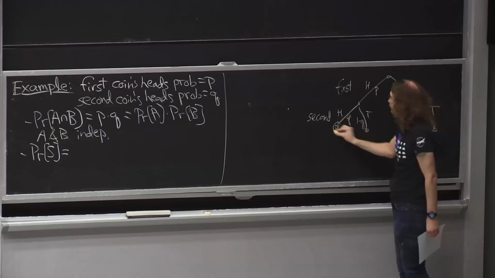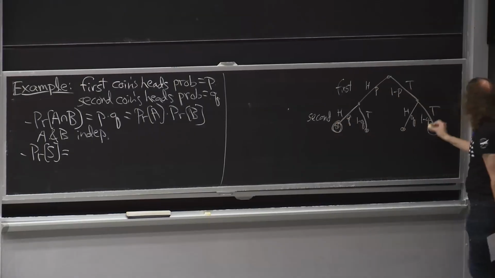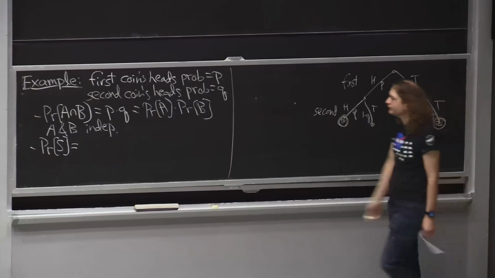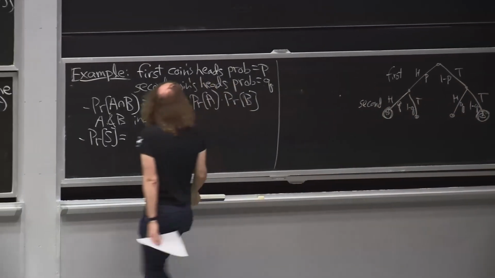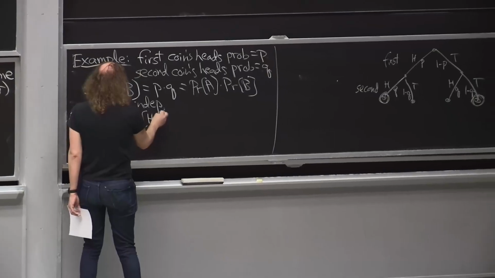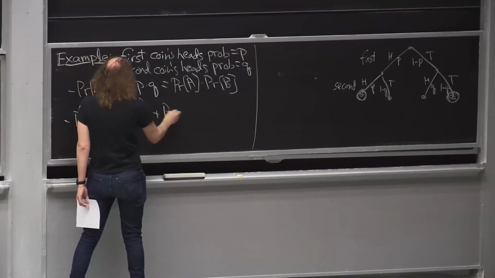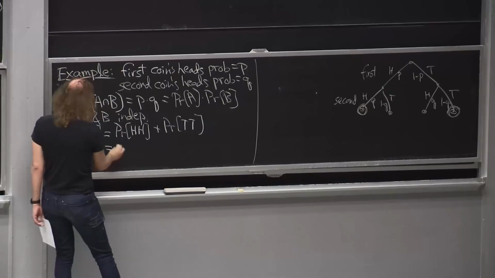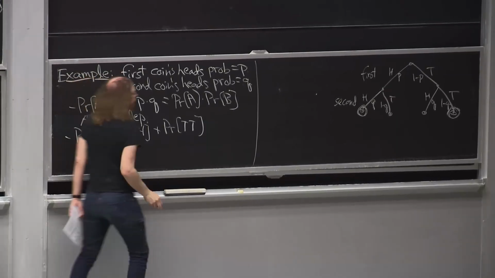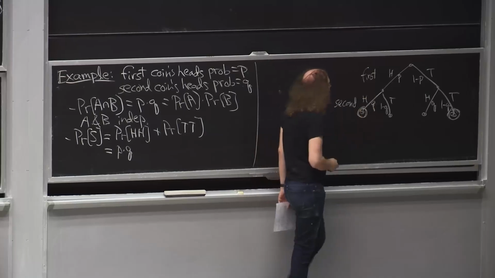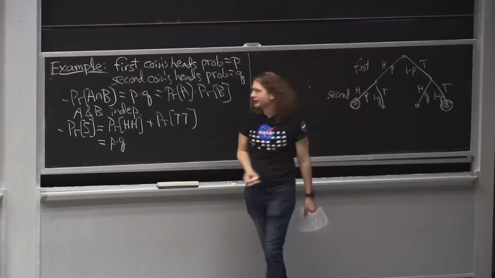OK, and still S is this plus this. And so we just take these products and add them up. So the probability of S is the probability of heads, heads, plus the probability of tails, tails. The first one is P times Q. So the probability of getting the first heads is P. The probability of getting the second heads is Q. And by assumption, these are independent, so I can take their product.